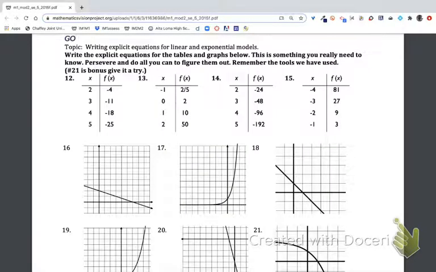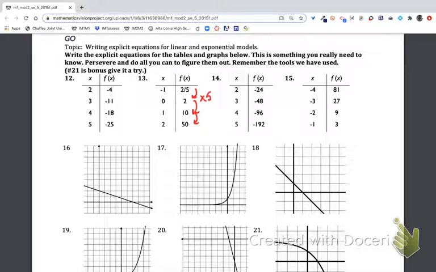For number 13, for the go portion, we want to try to write explicit equations. And as it says in the instructions, we need to persevere. Look back at the help guide that you have. If you need it, you can contact me or your teacher. But each next step for number 13, you can see that we are multiplying by 5.